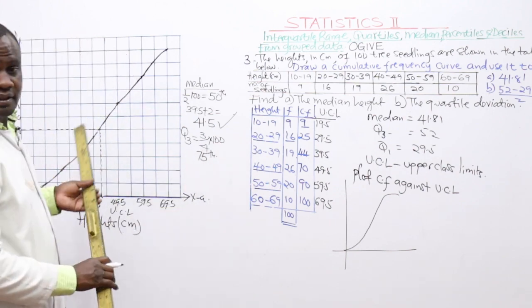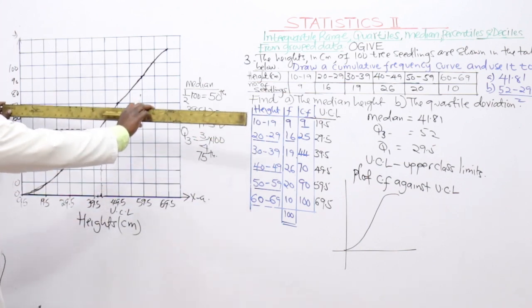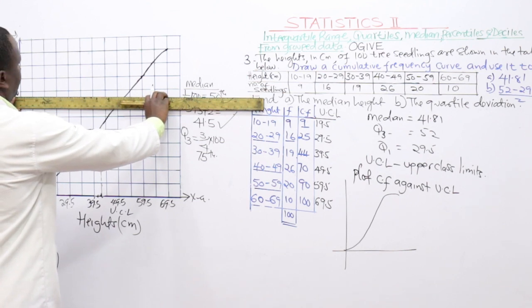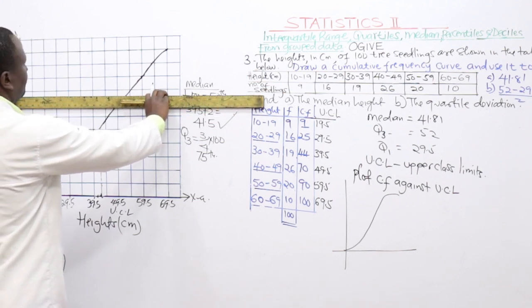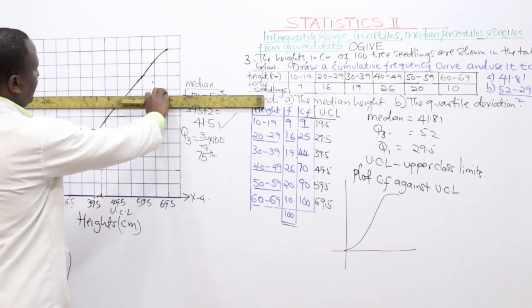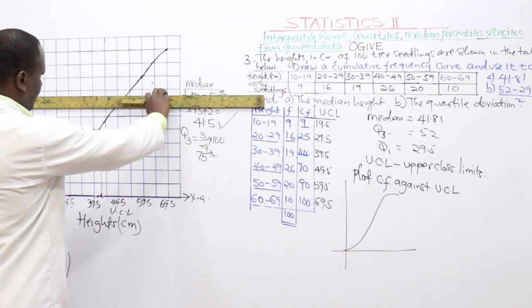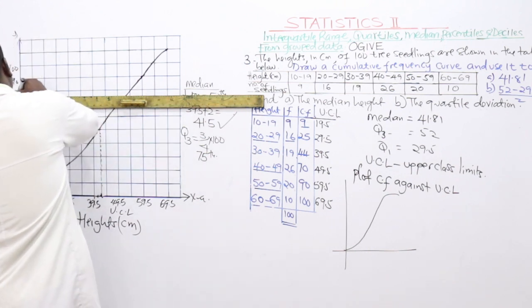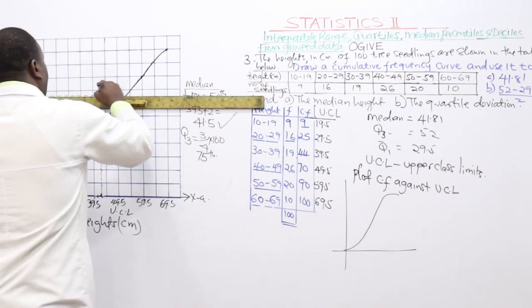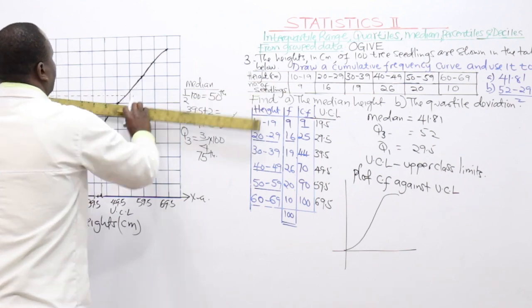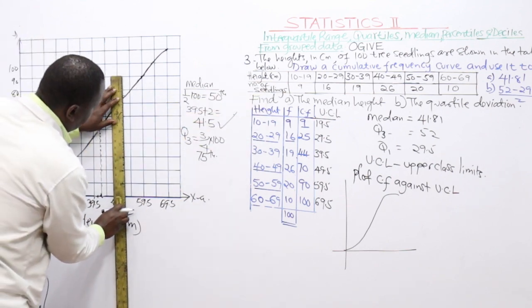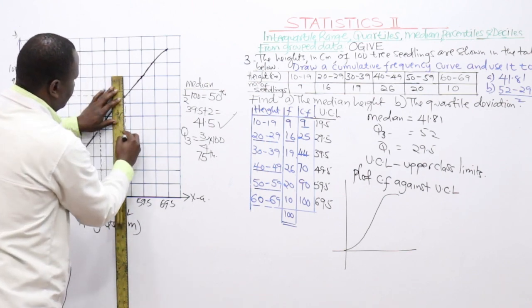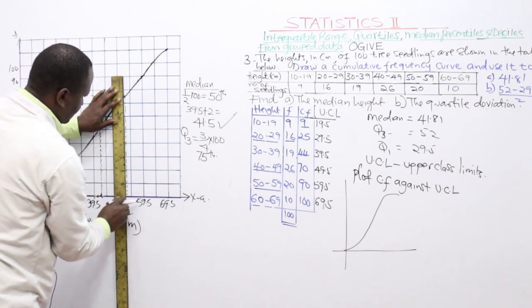We check 75 between 80 and 70, then take your ruler, draw your line, then go downwards in a parallel manner to the y-axis.